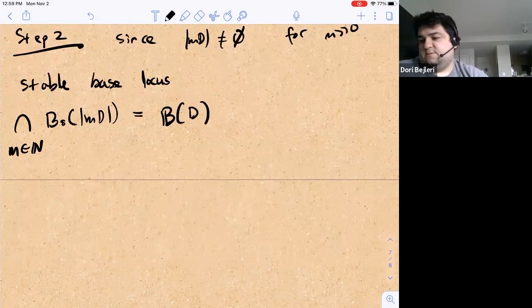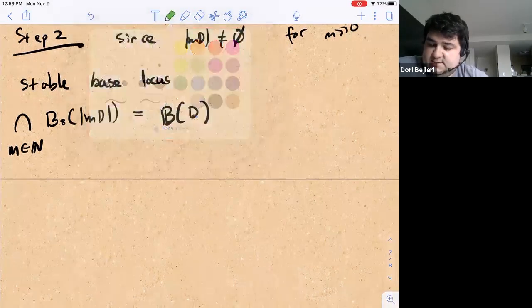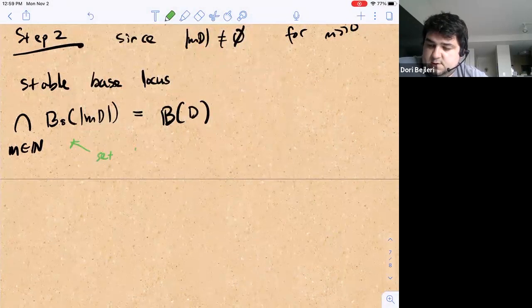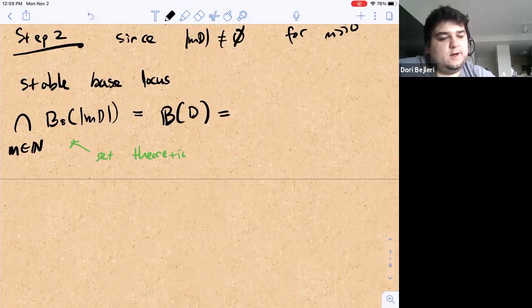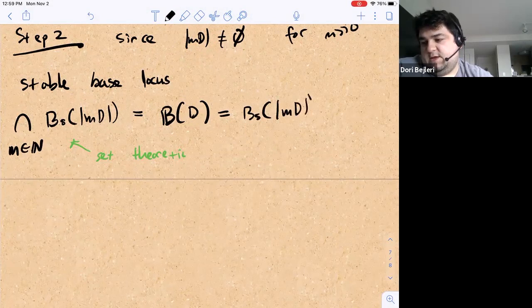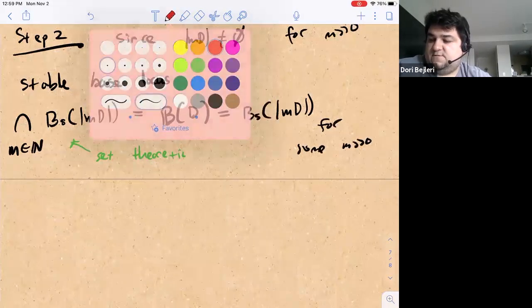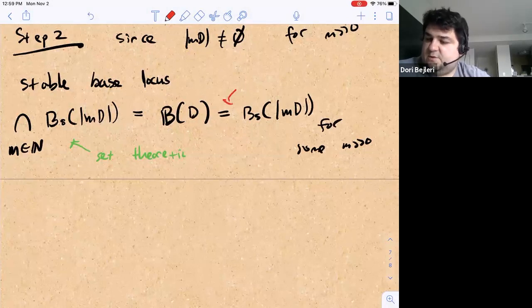And a fact about the stable base locus is that eventually it stabilizes. Also, I should say this is a set theoretic intersection. This stabilization is not true scheme theoretically. But set theoretically, this is equal to the base locus of MD for some M large enough, and that's a Noetherian induction argument, which you can find, for example, in the Positivity book by Lazarsfeld.